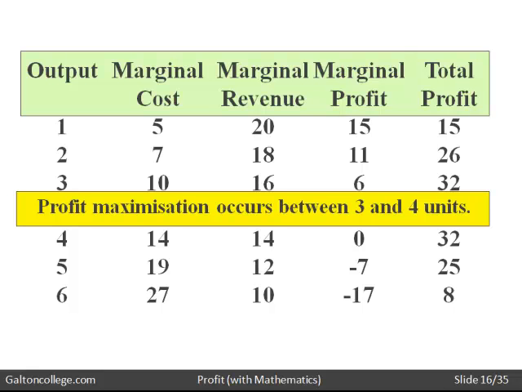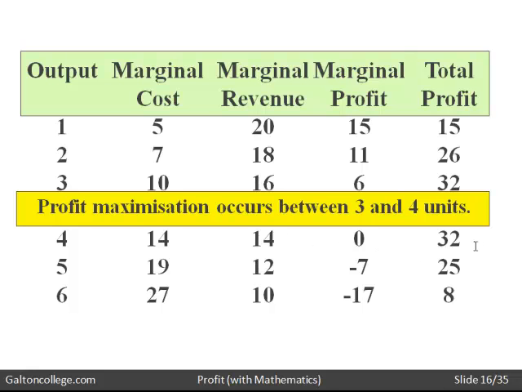Now, the solution, therefore, is that marginal revenue must equal marginal cost. And if you look at 4 here, marginal cost is 14, marginal revenue is 14, marginal profit is 0.